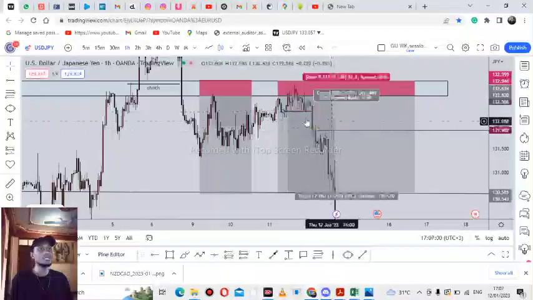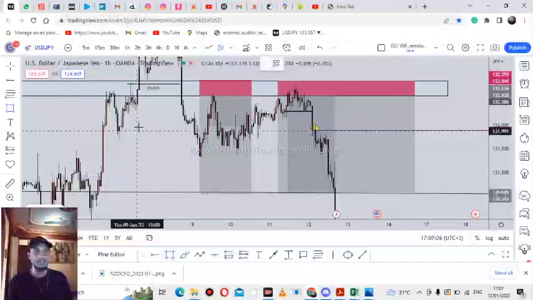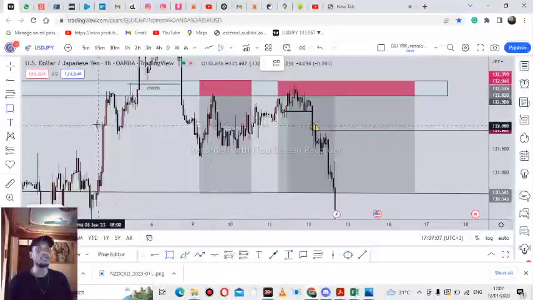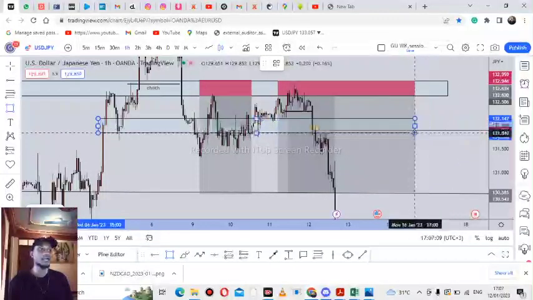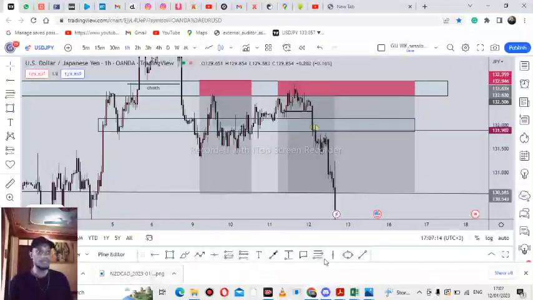But not only weak rejection liquidity was the reason for me to take my trade, this area also had some features of support and resistance.